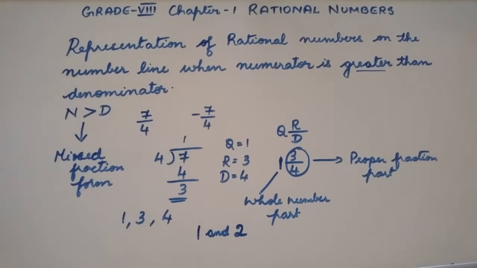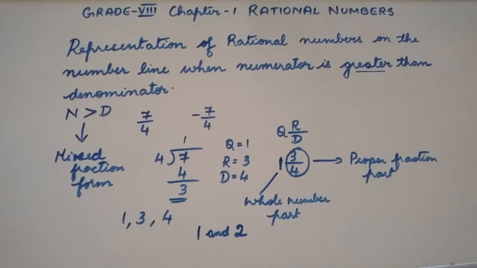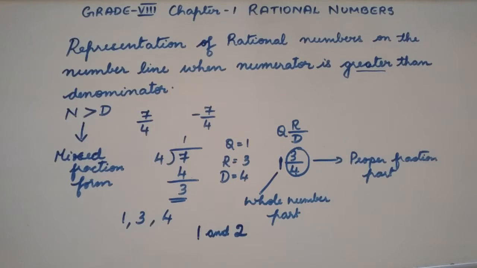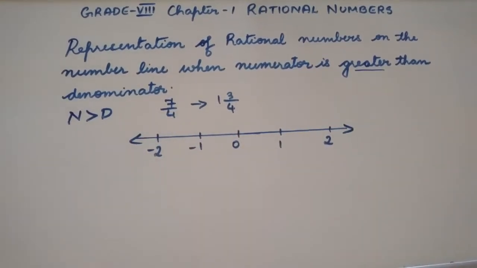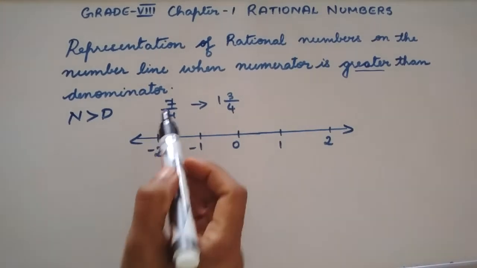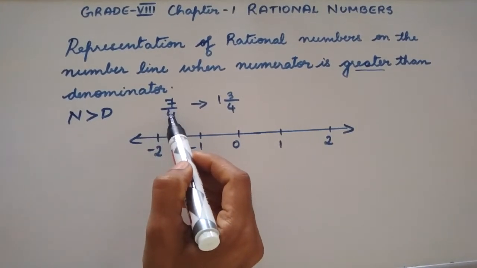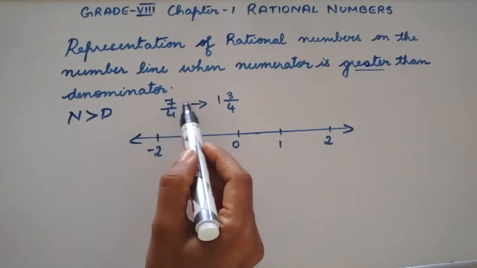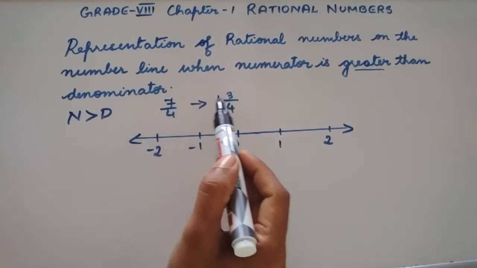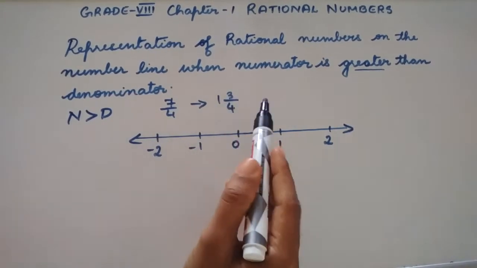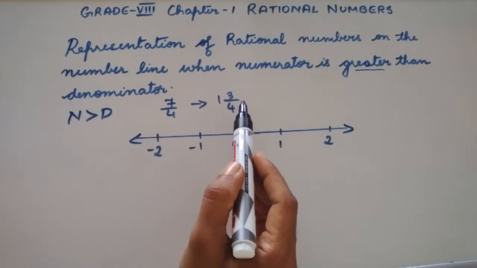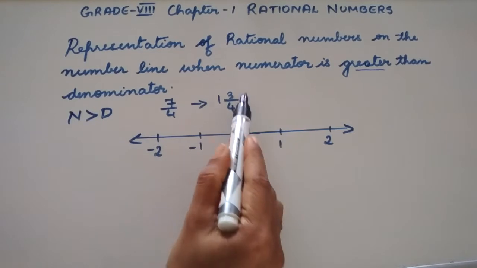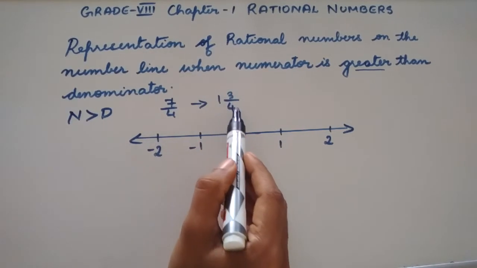So now let us draw the number line with 0, 1 and 2 marked on it. So this is the number line and the rational number is 7 by 4. It is converted into mixed fraction form, that is 1, 3 by 4. This is the proper fraction part, that is 3 by 4.